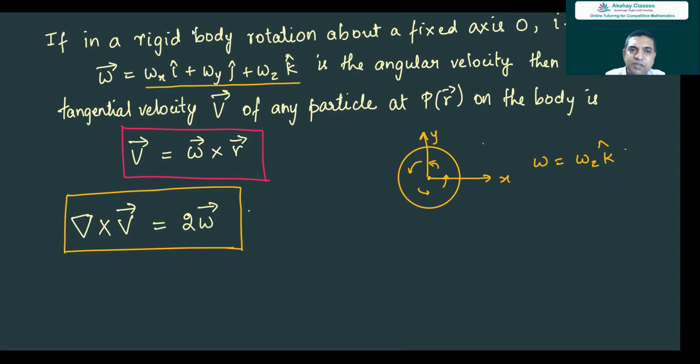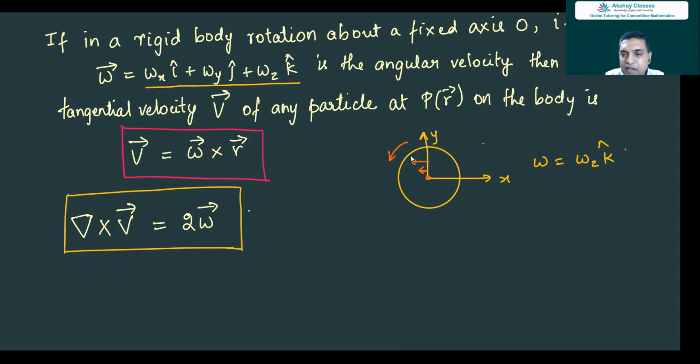Okay, now for the same problem in 2D, we know that the tangential velocity at the center is 0. Now let's say it is rotating like this. So the tangential velocity vector here will have some value r times omega z.